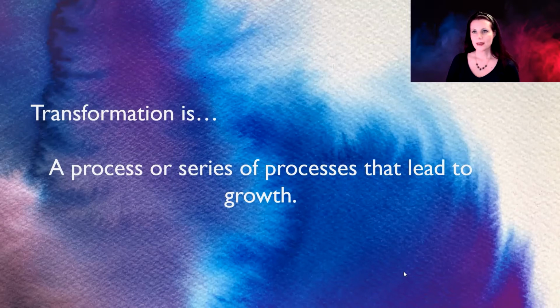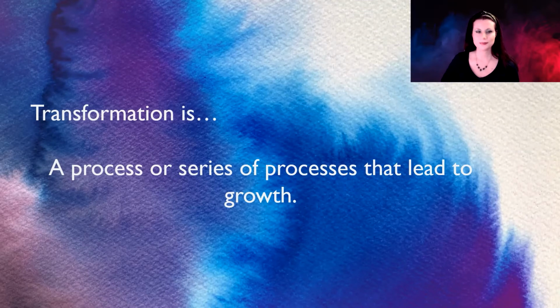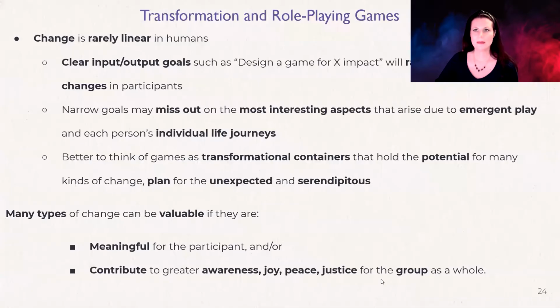All right, and now we have our other definition of transformation, which is that transformation is a process or series of processes that lead to growth. What do we mean by process? Well, change is rarely linear in humans. Often people want these clear input or output goals, such as design a game for this impact.